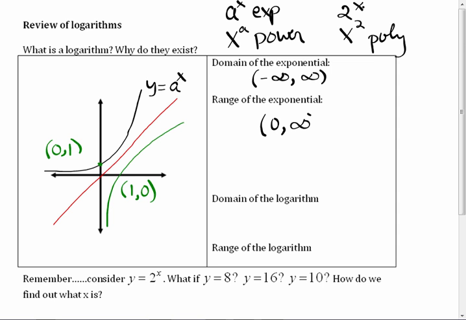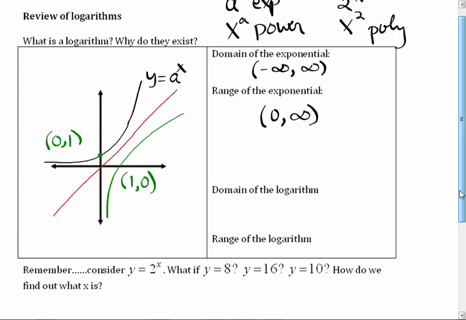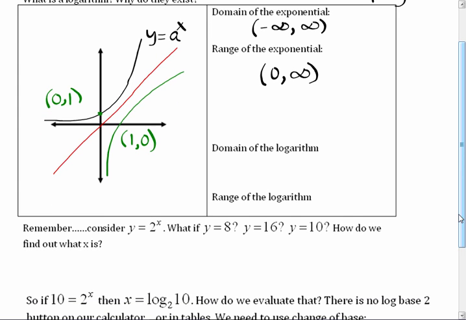Now, on the logarithm, I'll change colors so we're color coordinated. What's the domain for the logarithm? 0 to infinity, and the range is minus infinity to infinity. When they ask you this on the exam, they might ask you for the domain of some sort of logarithm, like the log of x minus 2. How am I going to find the domain of that?